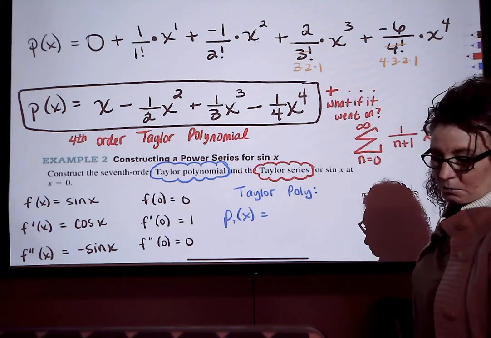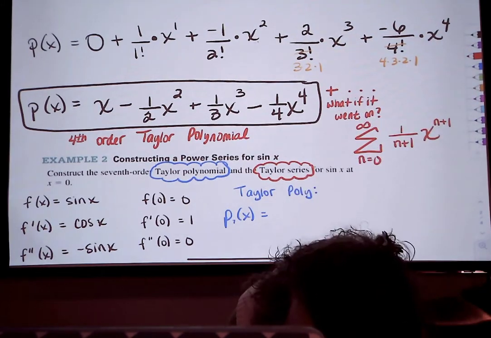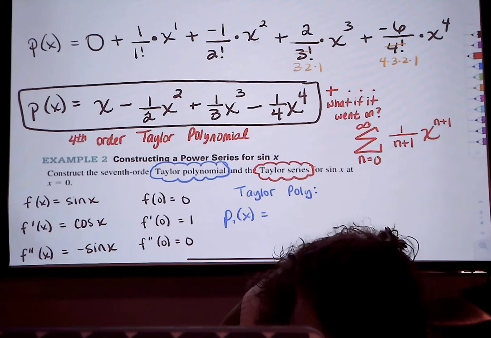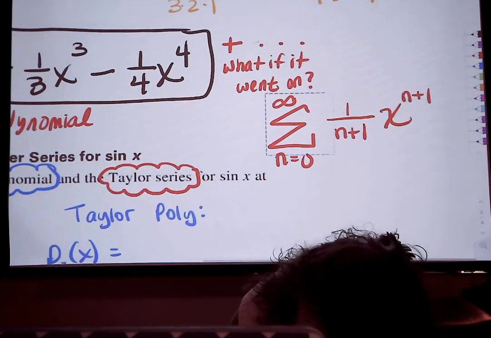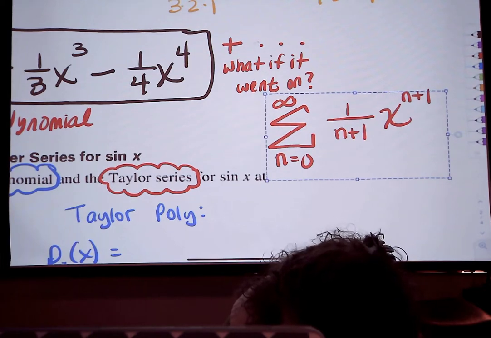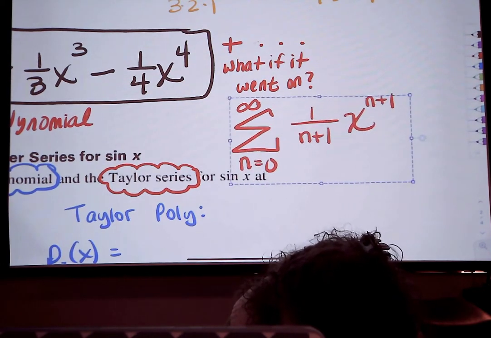I think that's it. Oh, no, I need a negative 1 in there. And I've totally run out of room. Hold on. If I'm confusing you, just give me a minute. I'll make it better.